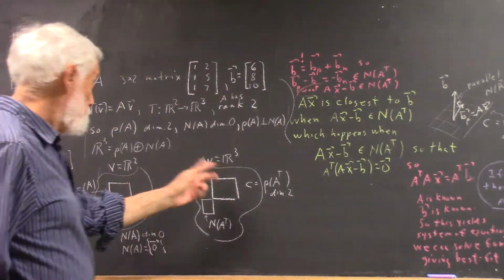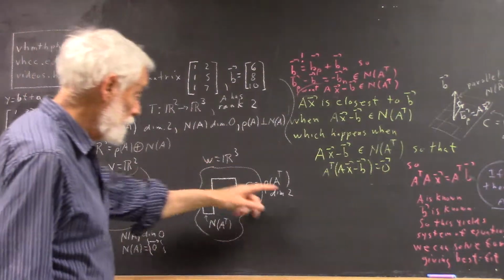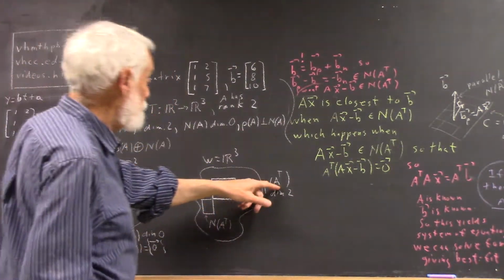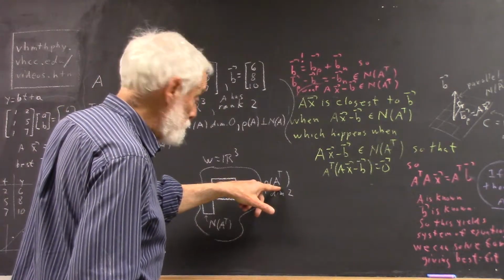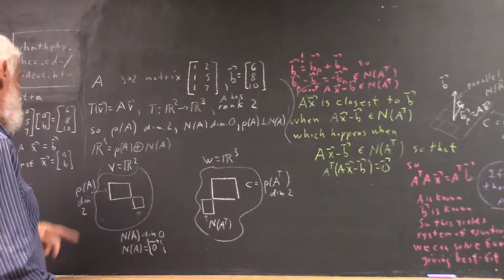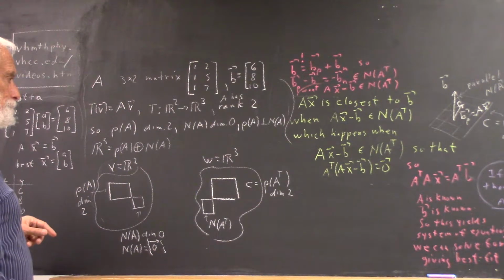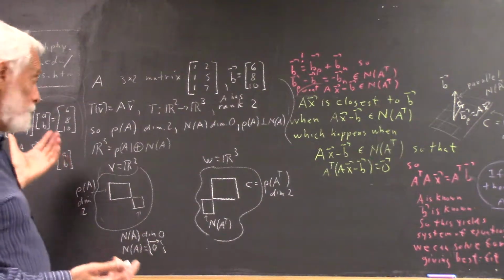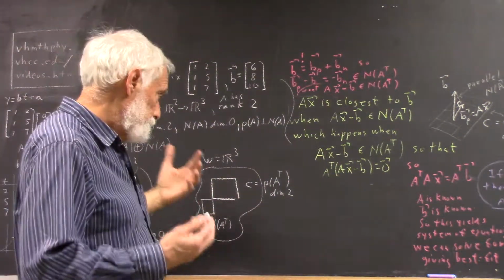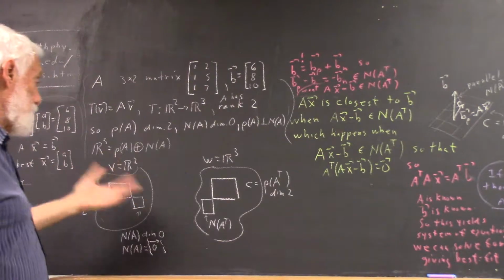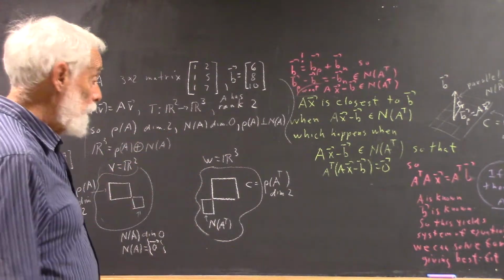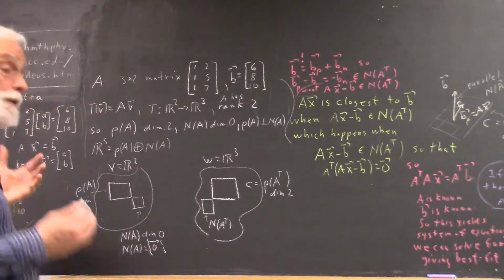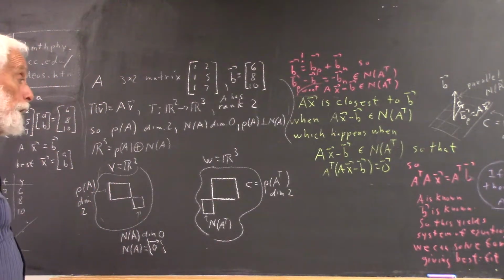The column space, being the image of the row space, has to have dimension 2, and also the row space of A transpose has the same dimension as the row space of A, because all you're doing is changing rows and columns, and the row and column space of any matrix have equal dimensions, and all that I don't want to repeat in all its detail.